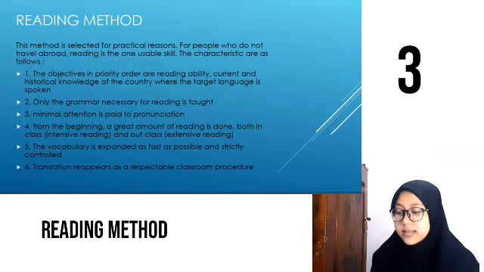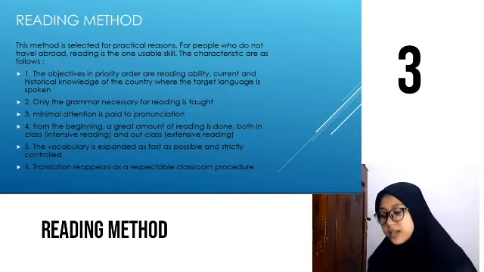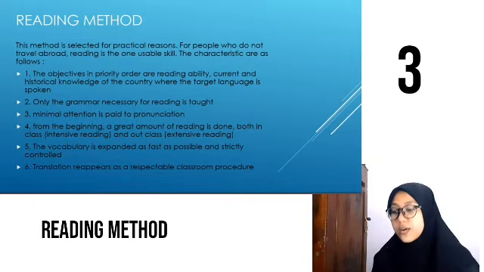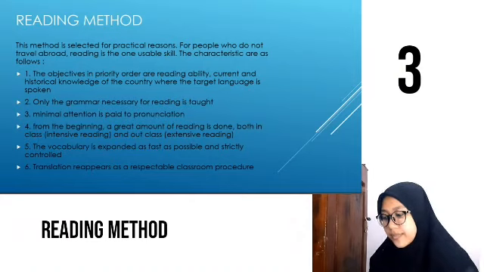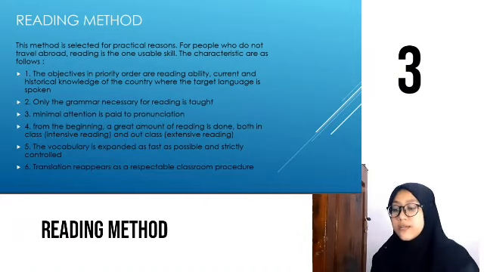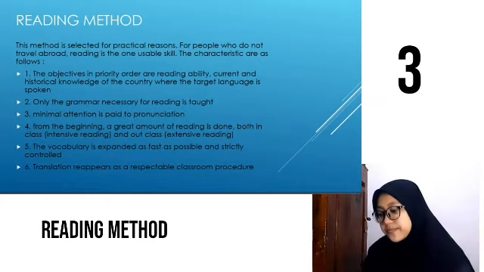Three, minimal attention is paid to pronunciation. This is a consequence of the focus on reading comprehension. Four, from the beginning, a great amount of reading is done, both in-class or intensive reading and out-of-class or extensive reading.